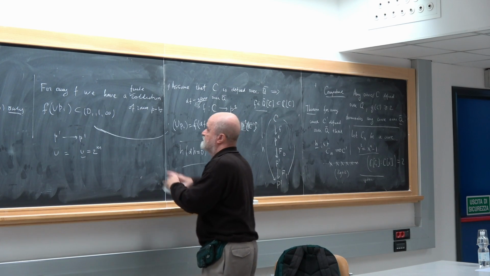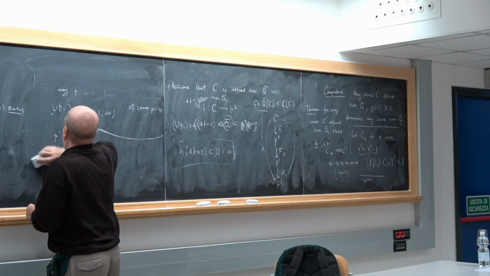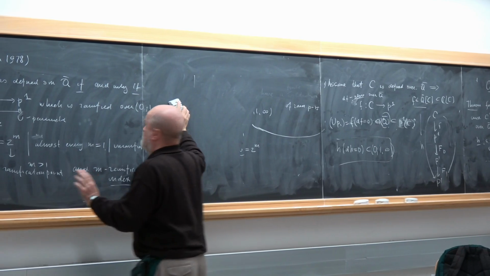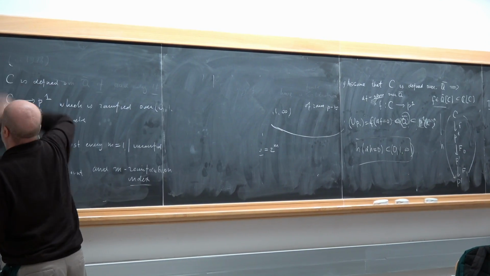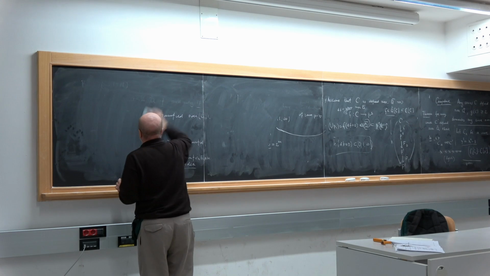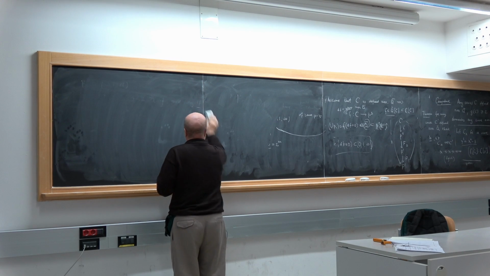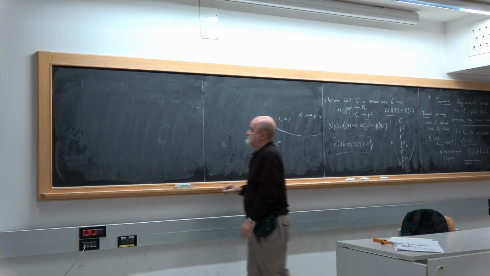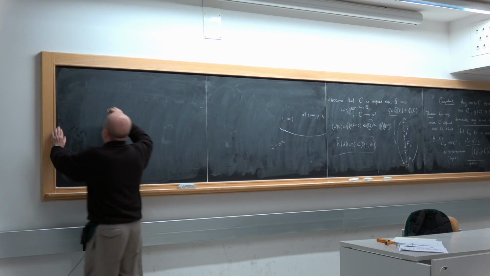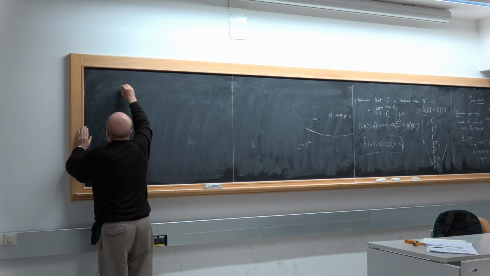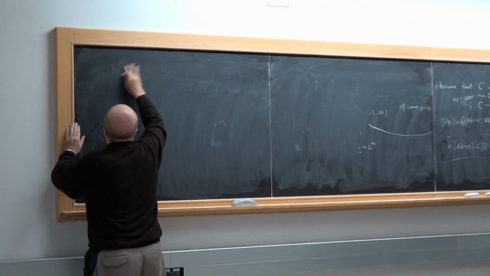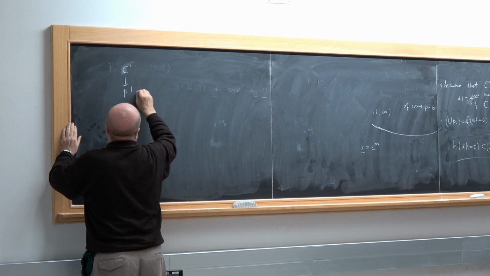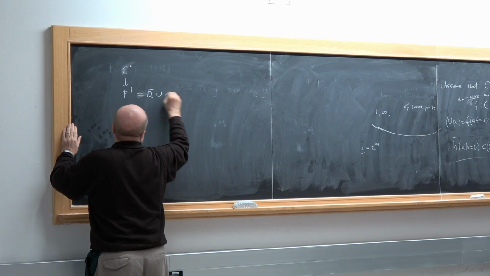Okay, so the steps are the following. The first step: C maps to P1, and inside P1 we can view it as Q bar plus infinity.